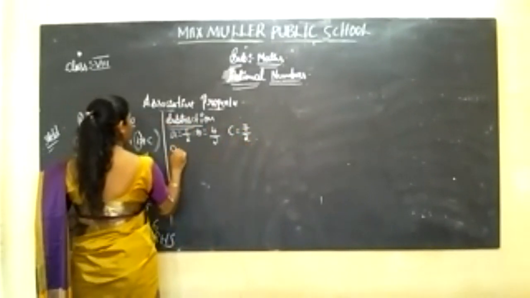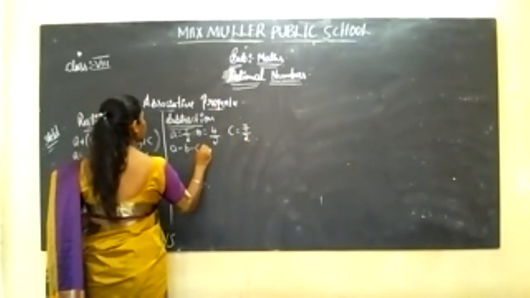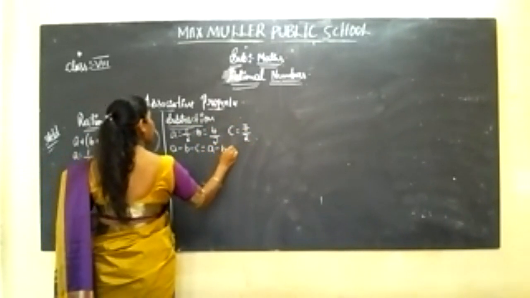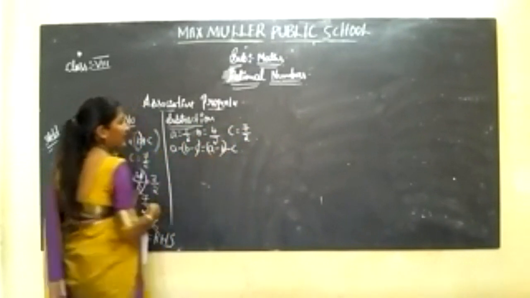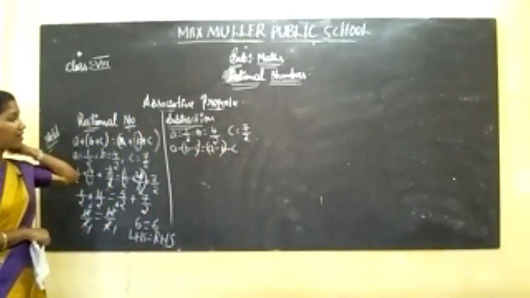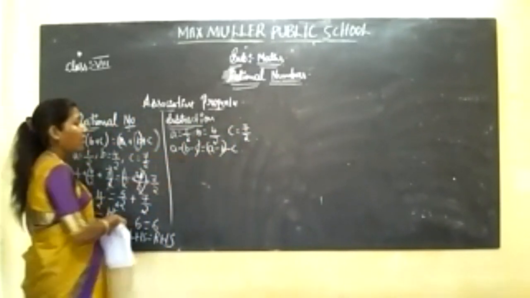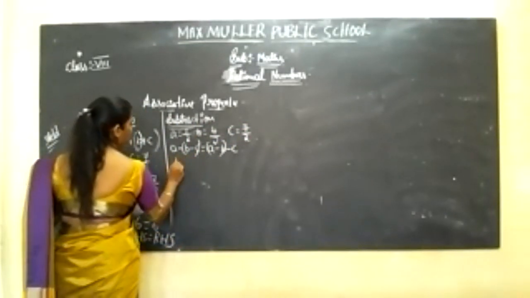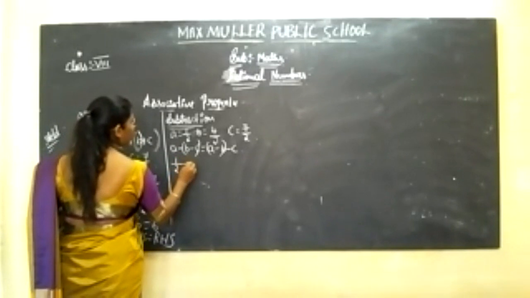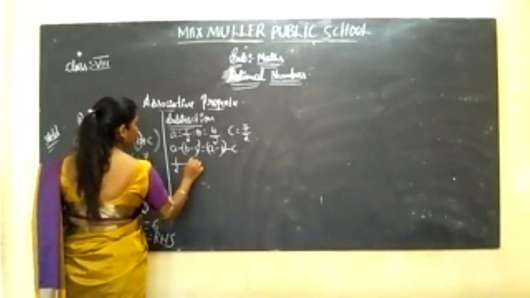So (a minus b) minus c is compared with a minus (b minus c), but here the bracket comes first and here it comes second, for b and c.